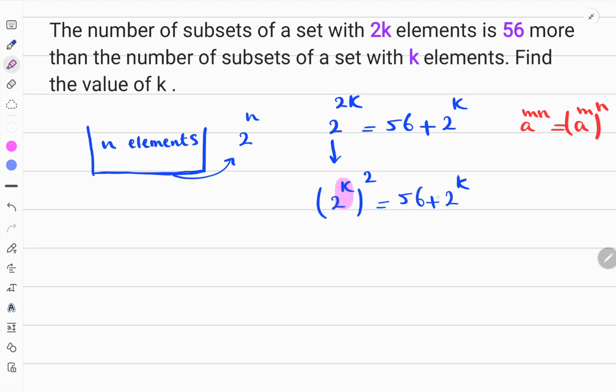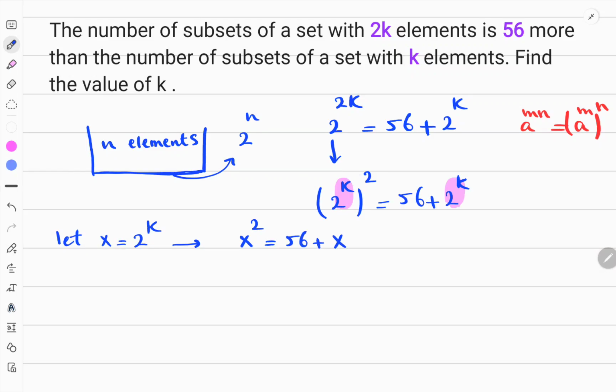And we have 2 to the power of k on both sides of the equation. So let x be 2 to the power of k. So we can rewrite this equation as x squared equals 56 plus x.